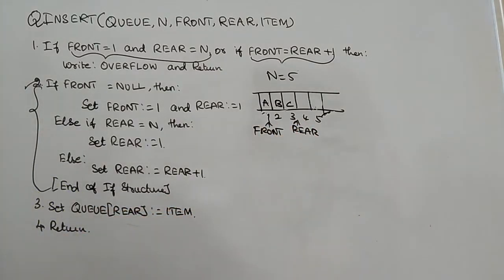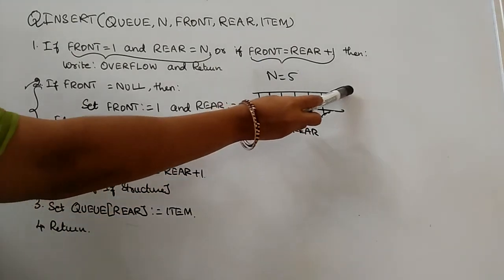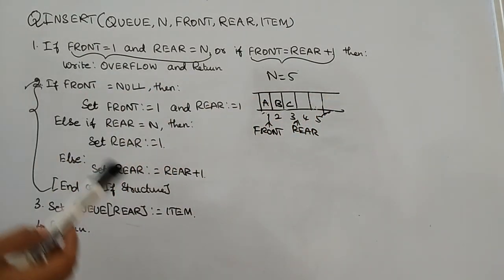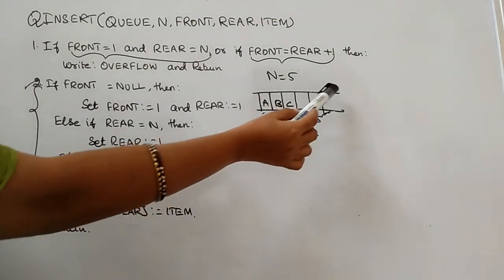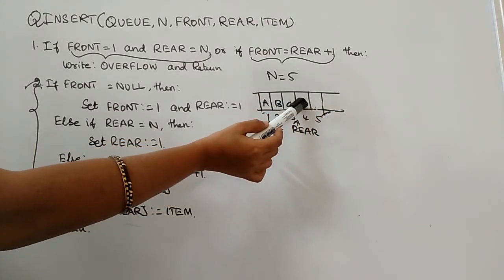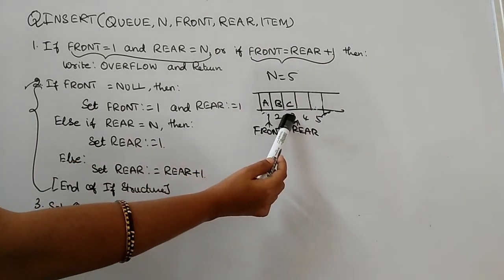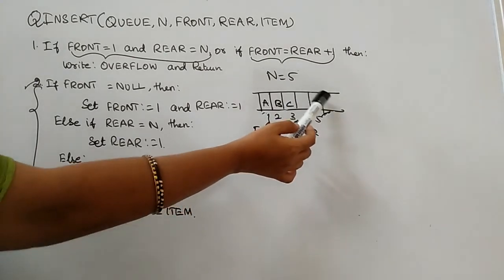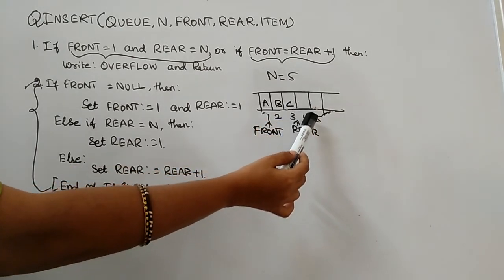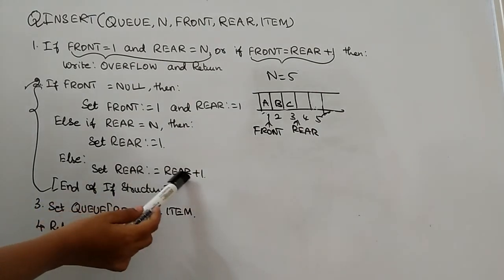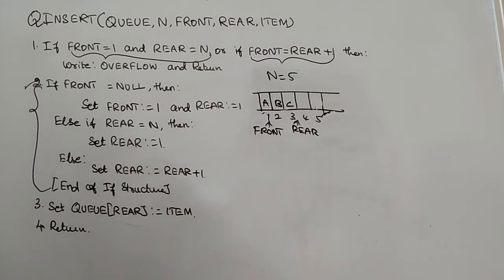In such a case, if a programmer wishes to insert an element into the queue, we are just going to insert an element into location 4. What's the value of rear currently? Currently 3, but after inserting a new element, it will be 4. It means rear := rear + 1.